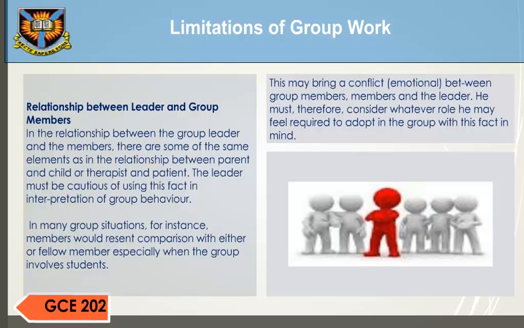In many group situations, for instance, members will resent comparison with either parent or fellow member, especially when the group involves students. This may bring an emotional conflict between group members and the leader. He must therefore consider whatever role he may feel required to adopt in the group with this fact in mind.